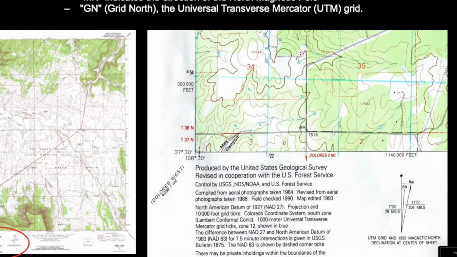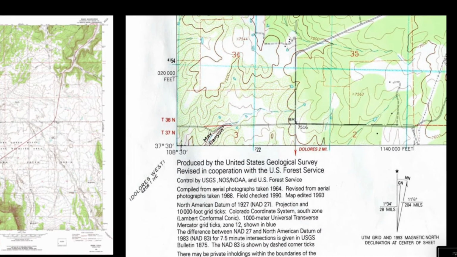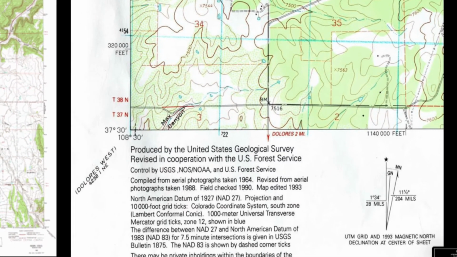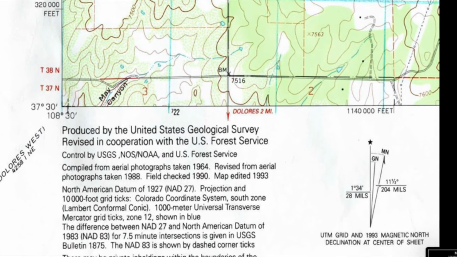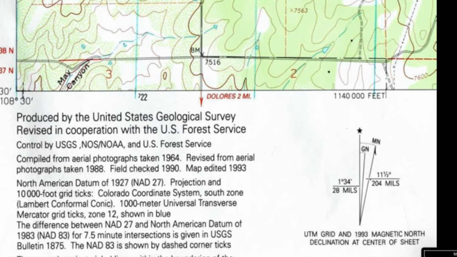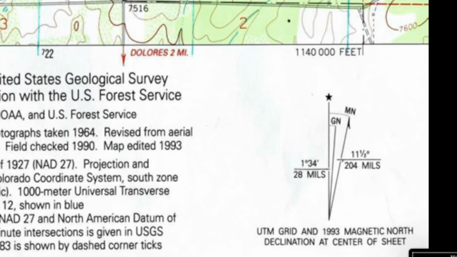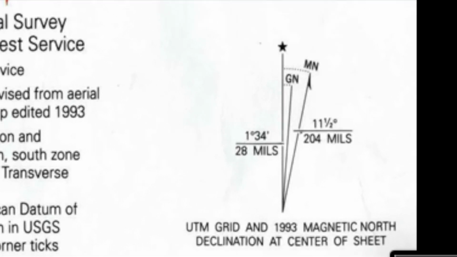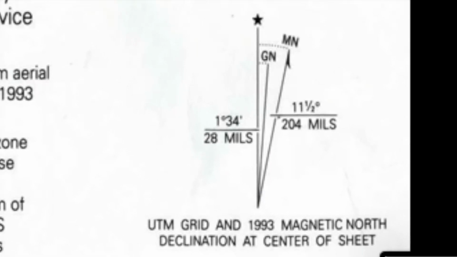The star at the top of that declination graphic indicates true north, the direction of the north rotational pole. MN stands for magnetic north, indicating the direction of the north magnetic pole. GN is your grid north, the UTM or Universal Transverse Mercator grid.